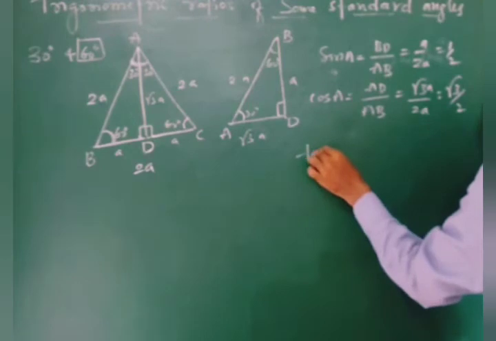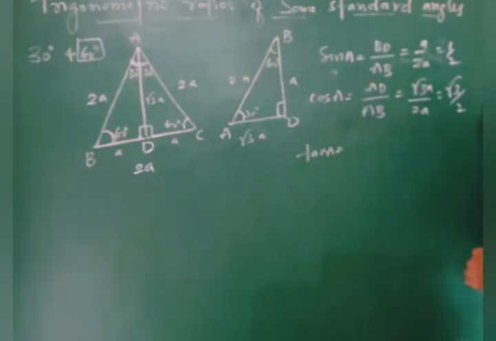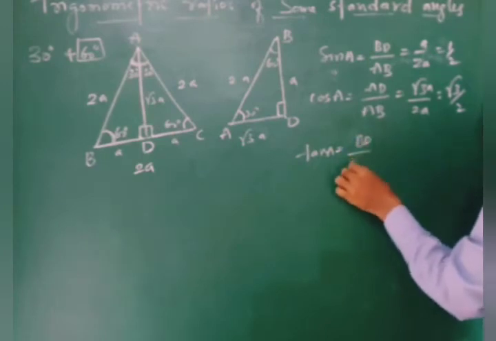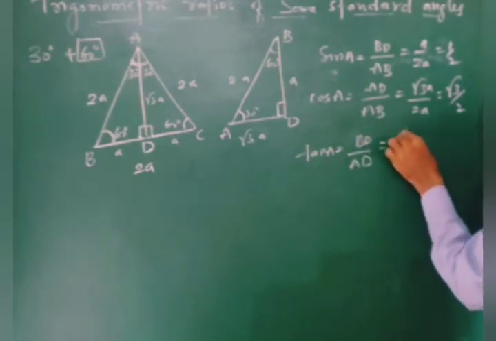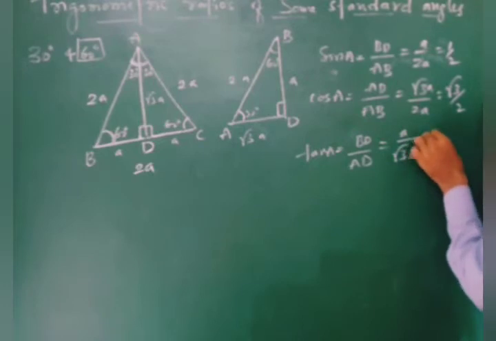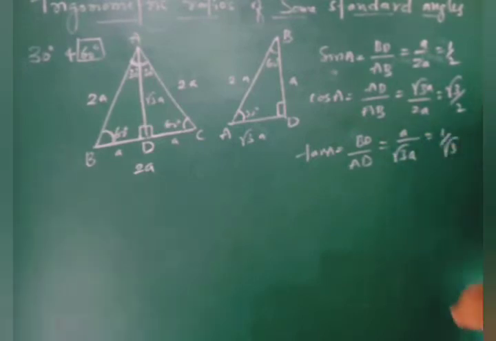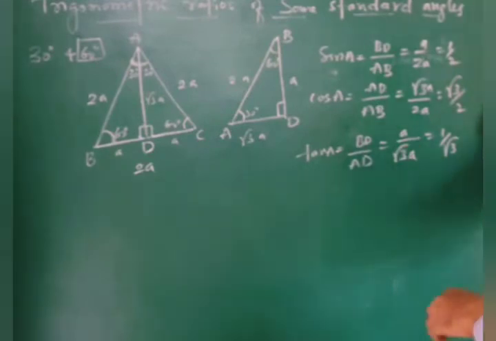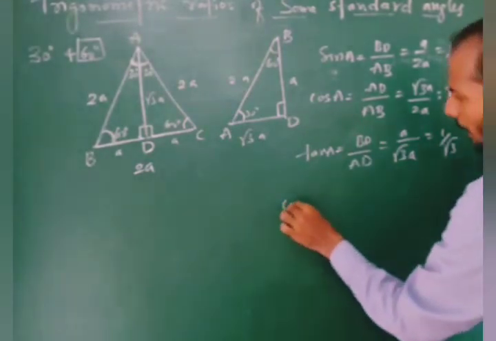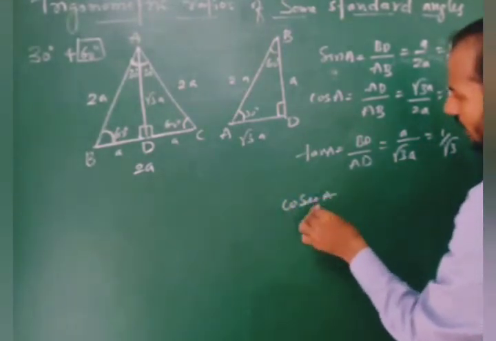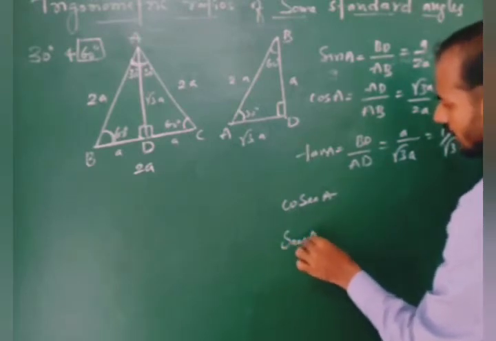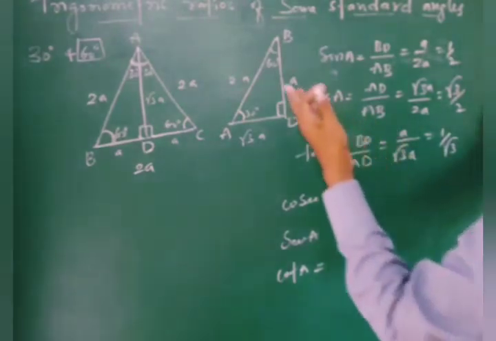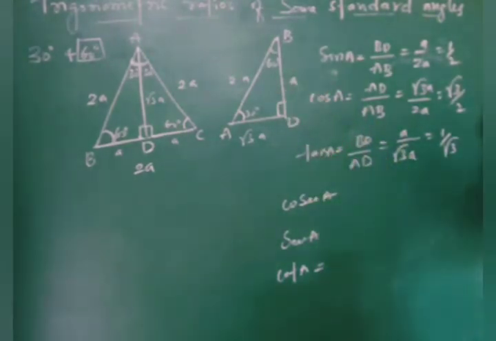Next, tan A, perpendicular by base, that is BD by AD, it is A upon root 3A, which is equals to 1 by root 3. Now already we have sine, cos and tan. Reciprocal of these three is nothing but cosec A, sec A, cot A. Already we have solved in angle 45.